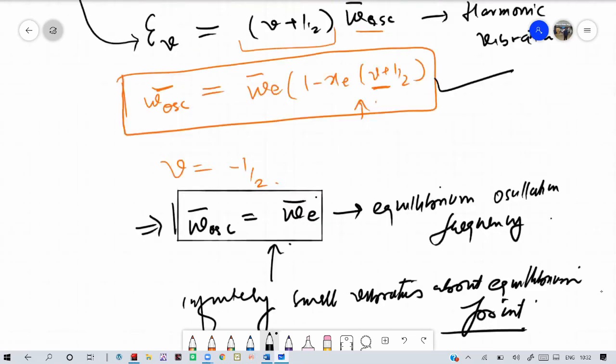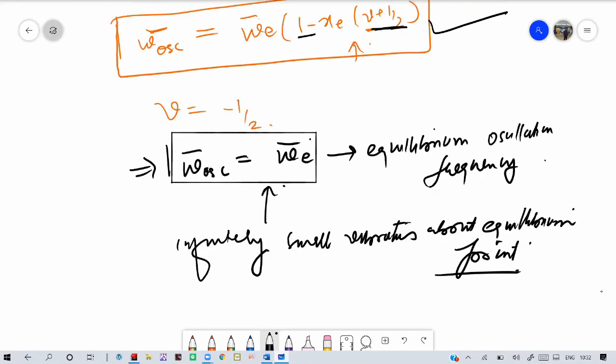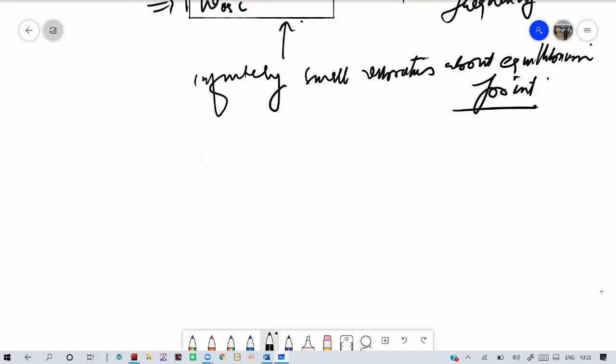Because this goes to 0, and it is omega e. It is minus 1 by 2, so you are decreasing nu to a negative value. That is why it is called hypothetical. But it gives us the magnitude of an infinitely small vibration. This is the minimum vibration we can have. Because if you put 0 there, you still have an anharmonic term there. You cannot find the minimum energy from 0. So for getting the minimum energy, we put it as minus 1 by 2.